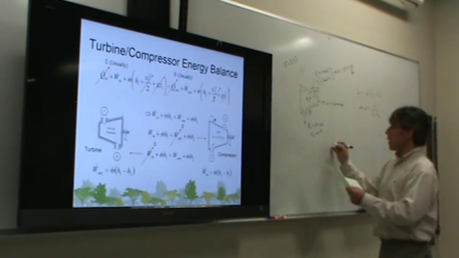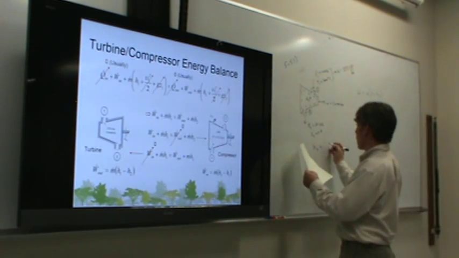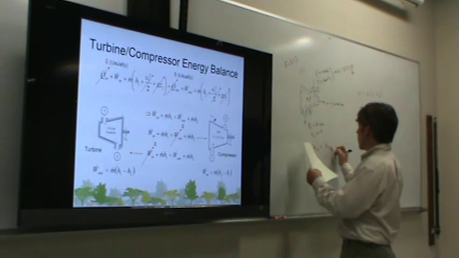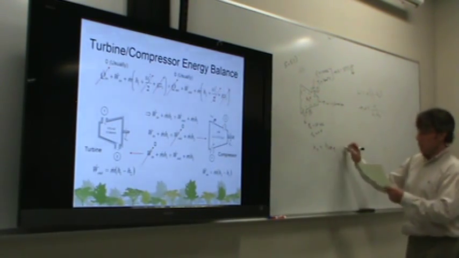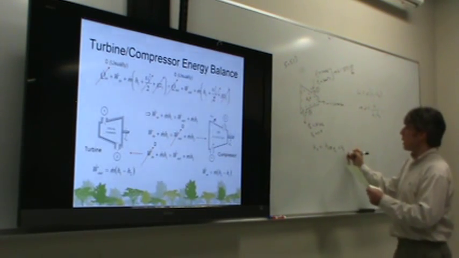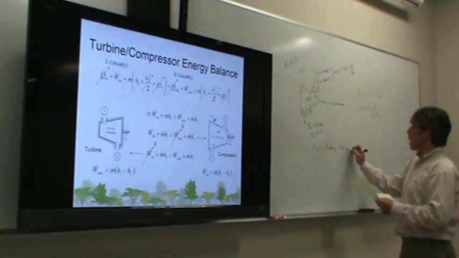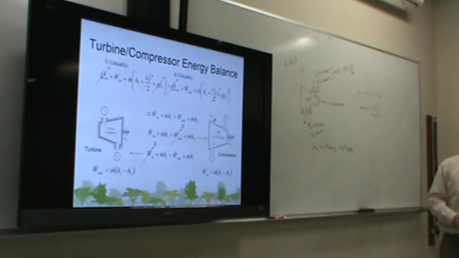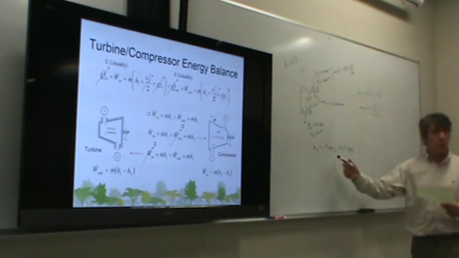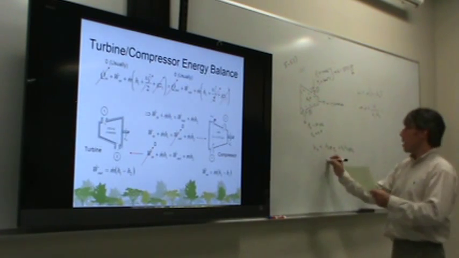And for the exit, since we have a saturated mixture, the enthalpy is the enthalpy of saturated liquid at P2 plus the quality at the exit multiplied by hfg at P2. Now this is just using the quality equation. We've done it several times. Complete your notes.